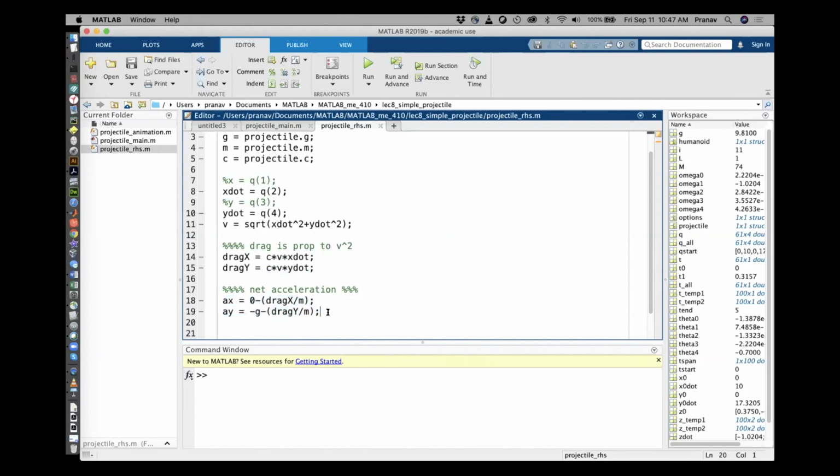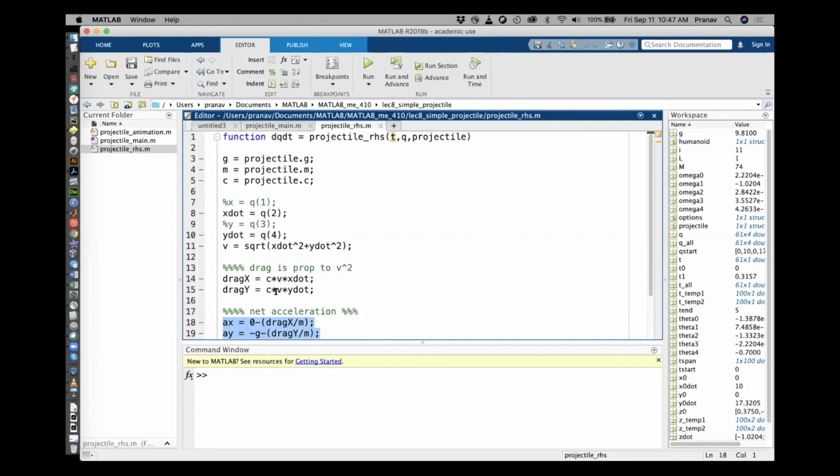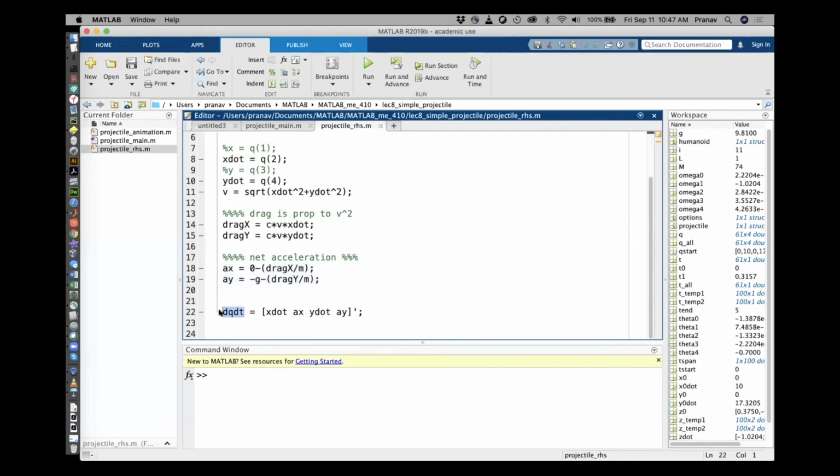In fact, ax and ay is passed back to dq dt. That's where I'm saving the right-hand side. So remember that in addition to giving the accelerations, I also need to give it the velocities, because when it's integrating, it has to not only integrate the accelerations to velocities, it also has to integrate the velocities to positions.